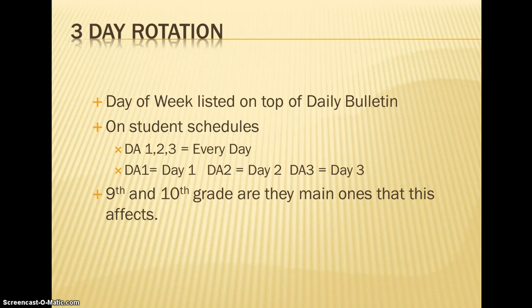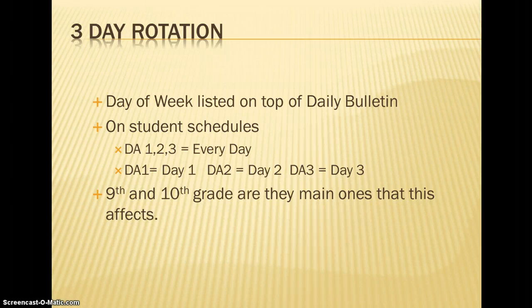We have a little bit of a change here. We got a 3-day rotation instead of in the past we've had actually like a 6-day rotation. The days of the week will be again listed on the top of the bulletin. Our student schedules will have a day 1, 2, or 3, or a day 1, or a day 2, or a day 3. A day 1, 2, 3 would be every day.